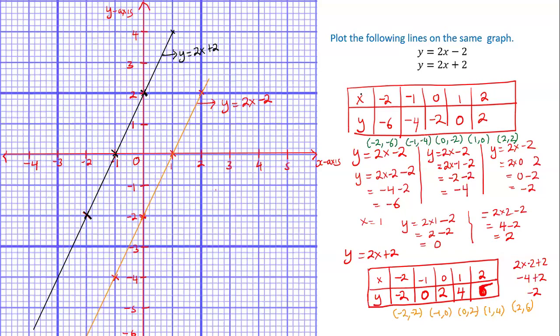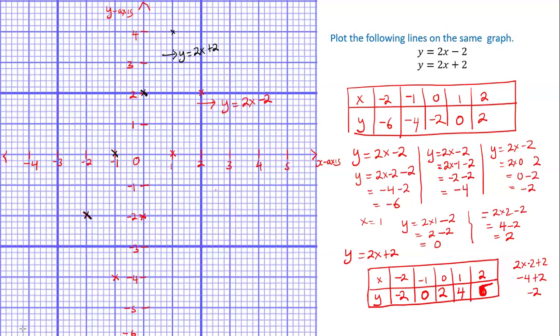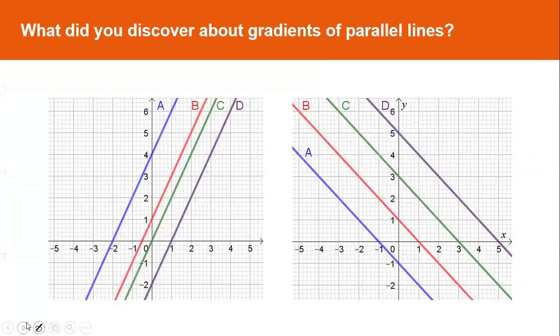So the moment you see the word that these lines are parallel, what has to come to the back of your head is that these lines have the same gradient. For anything that is parallel, the gradient is going to be the same. So always look out: do those lines have the same gradient? Hope members that is very clear. They can never meet, the distance apart is the same, and they will always have the same gradient.